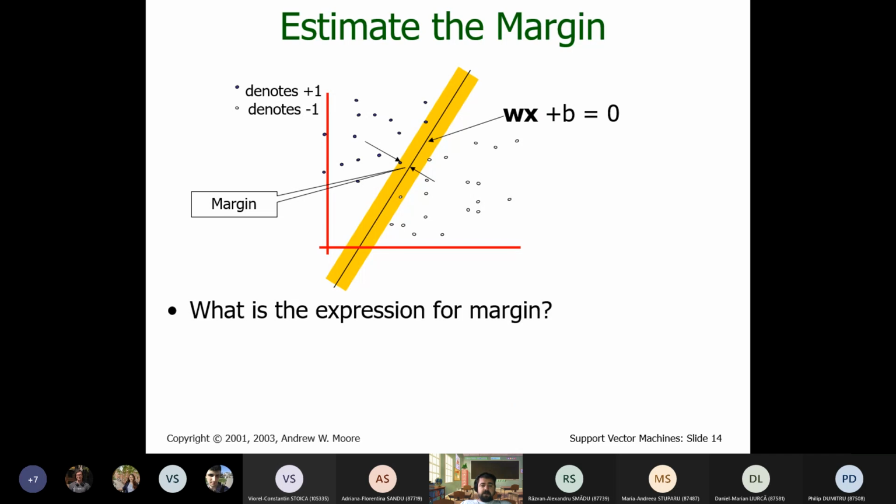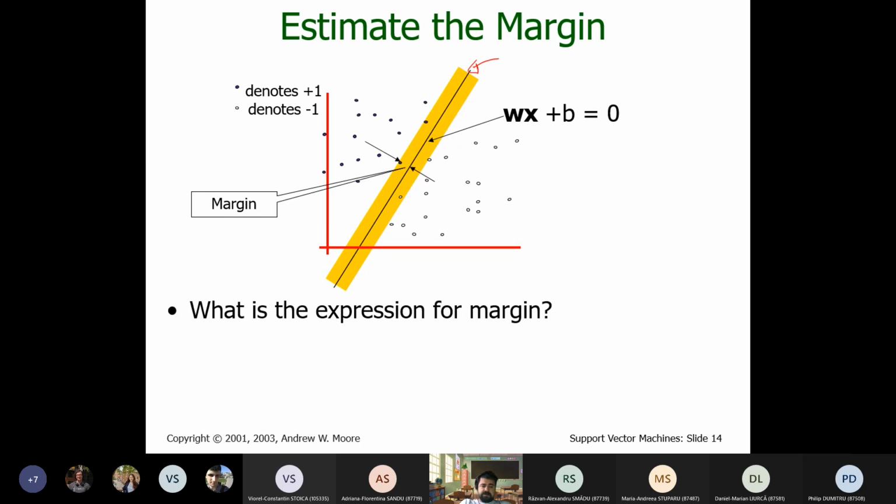Now, how can we define the margin? Well, we said that the margin will be the distance between the classifier and the closest points from the data set. So it will be the minimum of the distances between this classifier and all the other points.